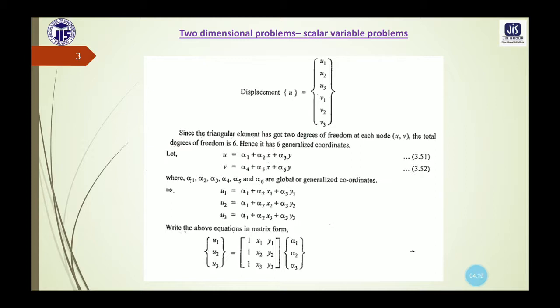So if u is alpha 1 plus alpha 2 x plus alpha 3 y from equation 3.51, then u1 will be alpha 1 plus alpha 2 x1 plus alpha 3 y1.